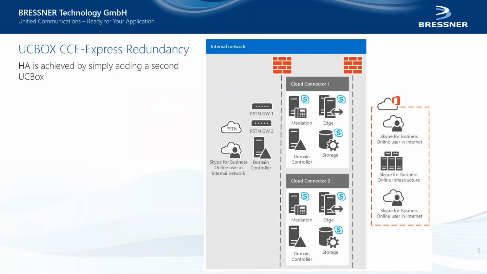There is a sample, a picture from Microsoft. They have two boxes to have an HA environment. You must think about it that you also need two gateways. So if you want a real high availability solution, you need all items twice. Okay.